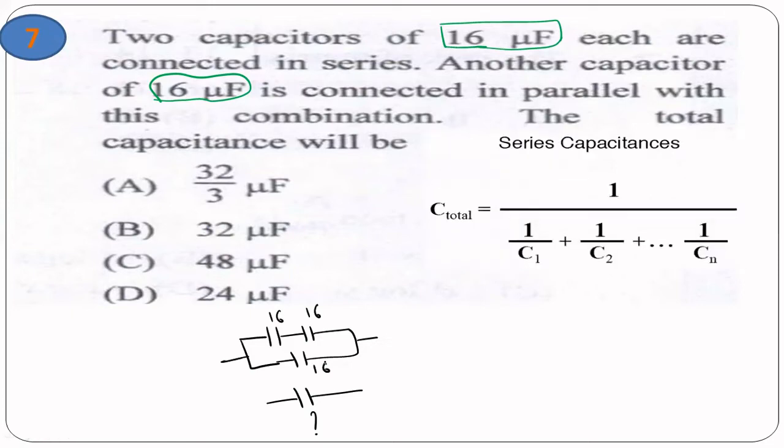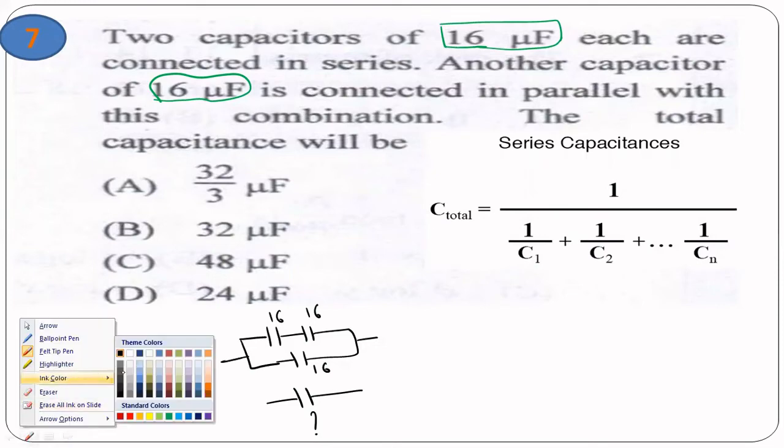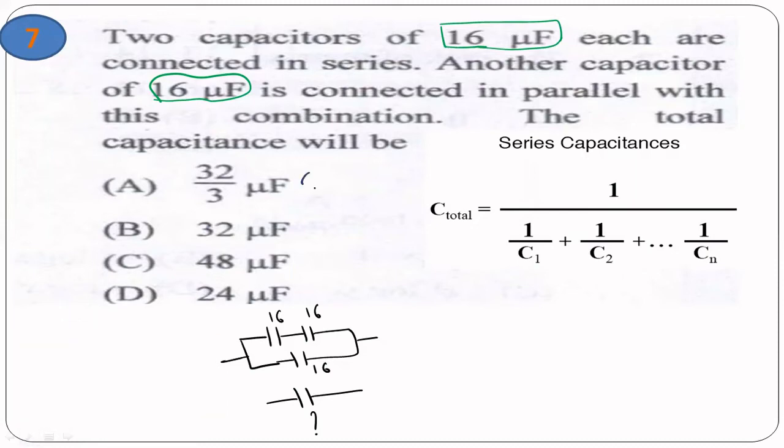Whenever capacitors are connected in series, total capacitance can be obtained by the given formula. For series, it is C1 C2 divided by C1 plus C2, which is 16 into 16 divided by 16 plus 16.